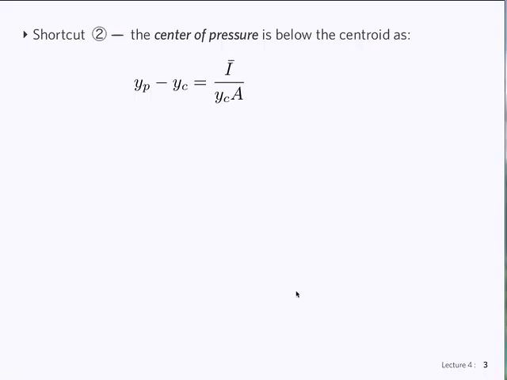And so the line of action of the force is somewhere below the centroid because the pressure has a larger magnitude below than it has above. Does it make sense?